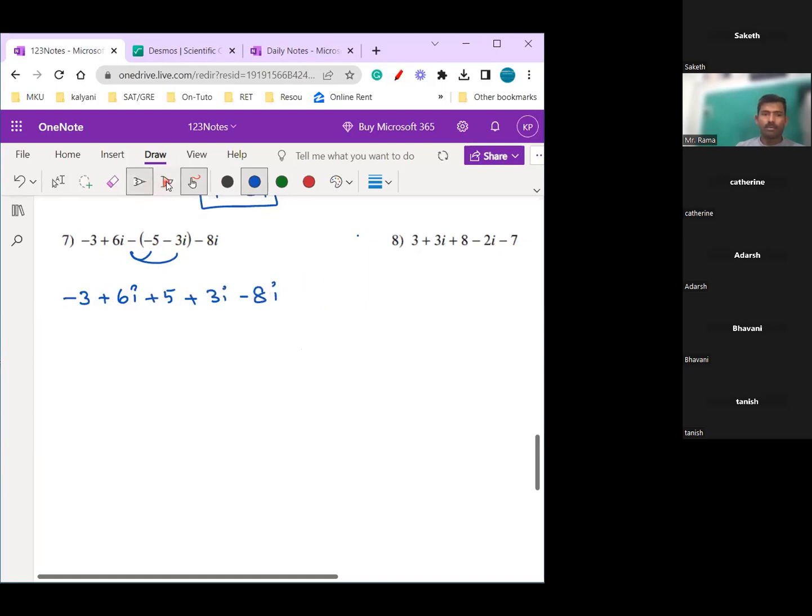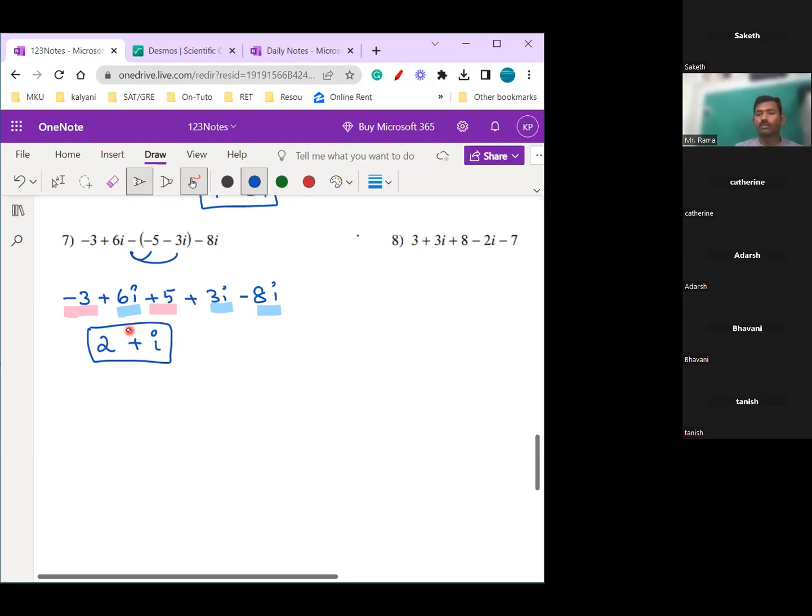Now combine the real parts. So that's going to give me 2. And then combine the imaginary parts. So that's 9 minus 8, that's a 1. So that's 2 plus i. Okay, that's for the practice.